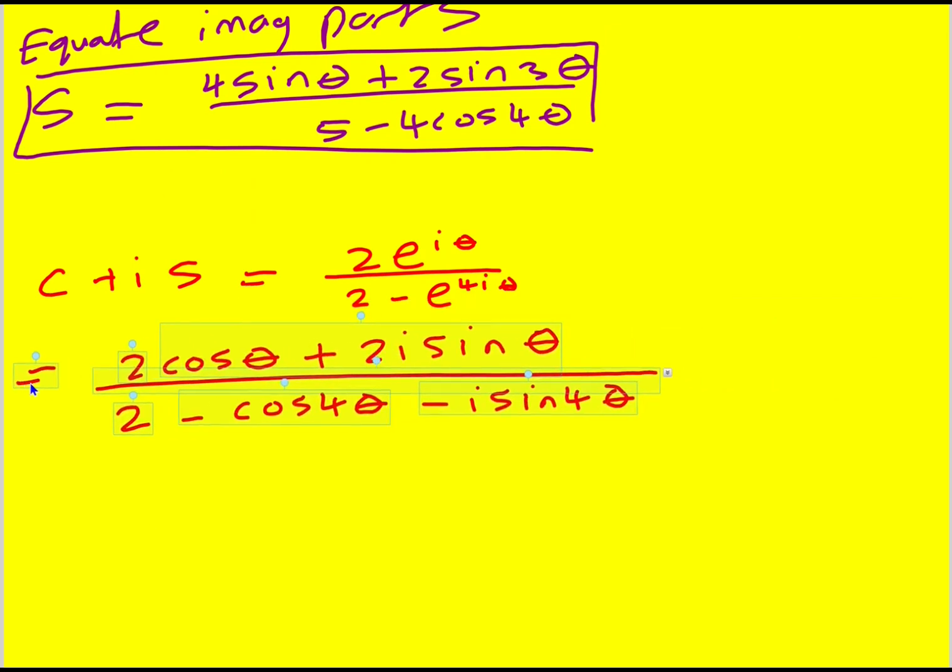And then I'm going to times by the complex conjugate, more like the traditional form this time, but I'm still just changing my i to a minus i. So I'm going to times by 2 minus cos 4 theta plus i sine 4 theta.